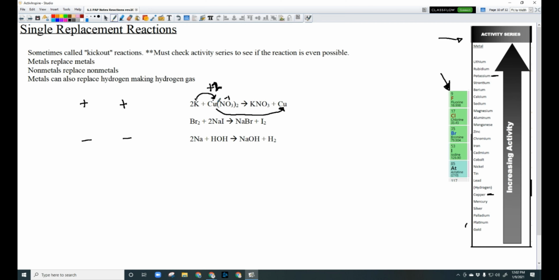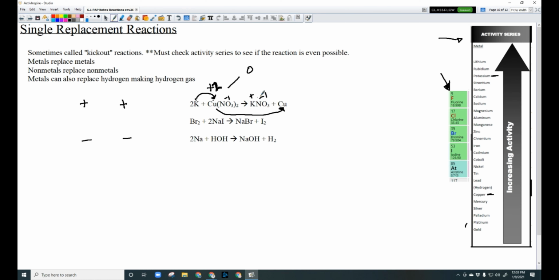So this is copper 2 because we have 2 nitrates here. We had to have 2 -1s to make this balance out to 0. Remember swap and drop? Now, since nitrate is always a -1 and potassium is a +1, you only need 1 here to do that.